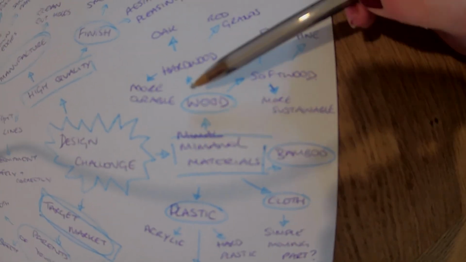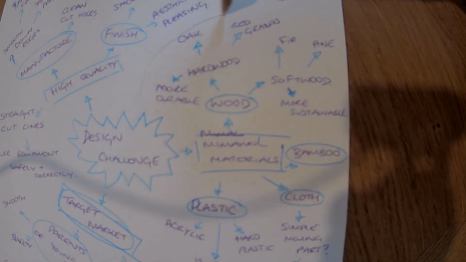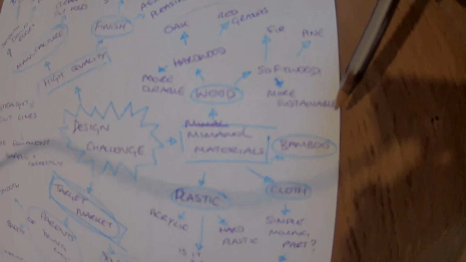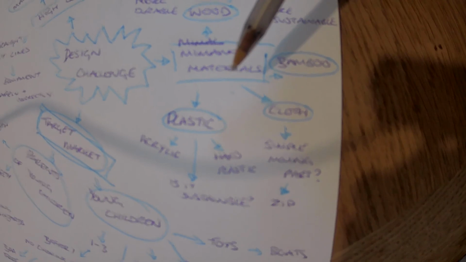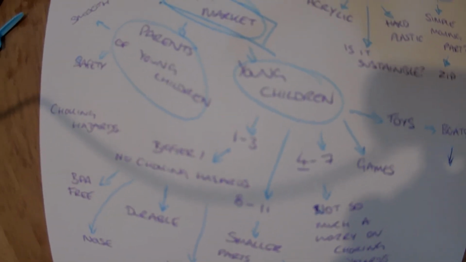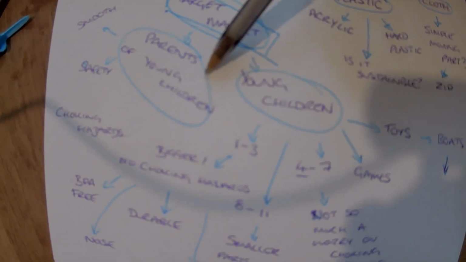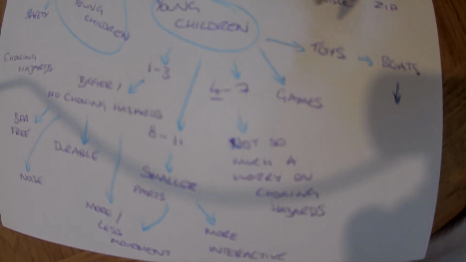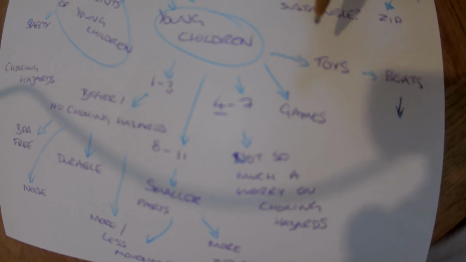For minimal materials, I've talked about the different types of wood, all the different types of materials that you could use. For target market, we focused on parents of young children, and then split this off to their different categories, maybe what toys they like and different types of boats.